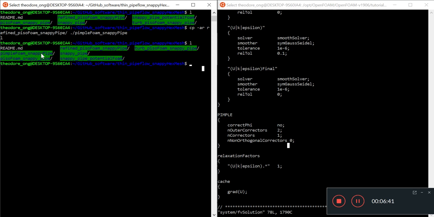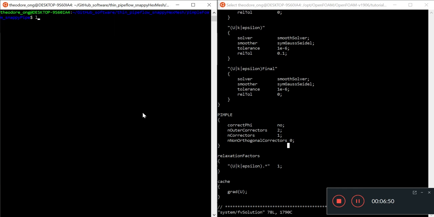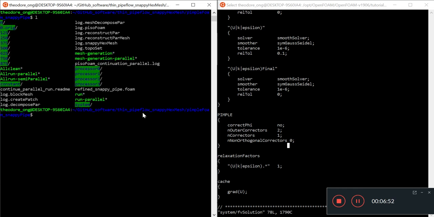We now have the pimpleFoam snappy pipe file, which we can go into and start modifying some of the things there in order to do our pimpleFoam case.